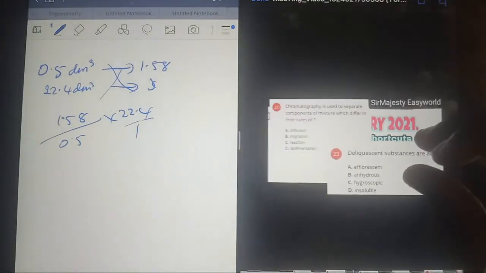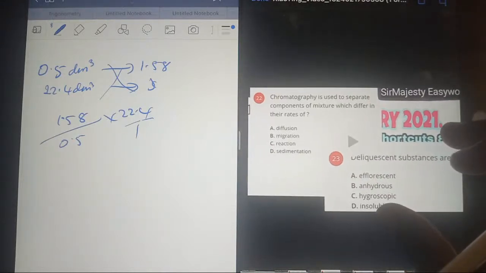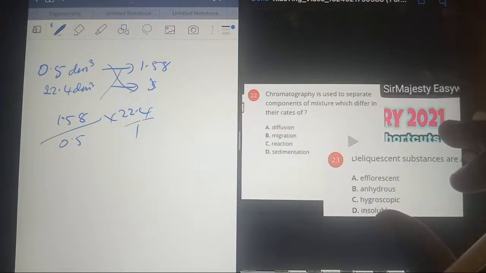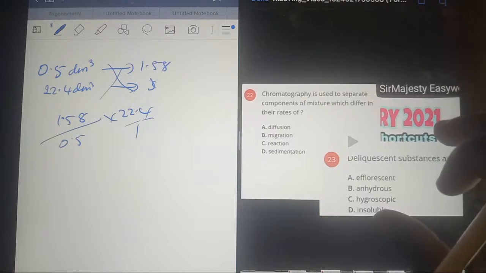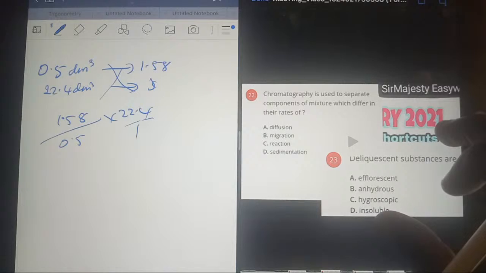Okay. Question 22 here says chromatography is used to separate components of mixtures which differ in their rates. In chromatography, there is what we call mobile phase and stationary phase. The mobile phase is what is migrating across the stationary phase.